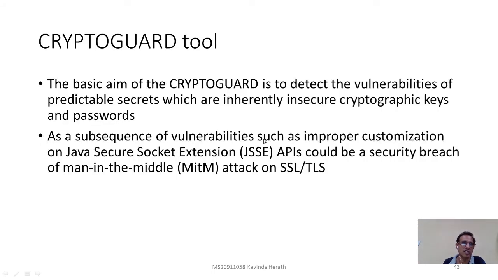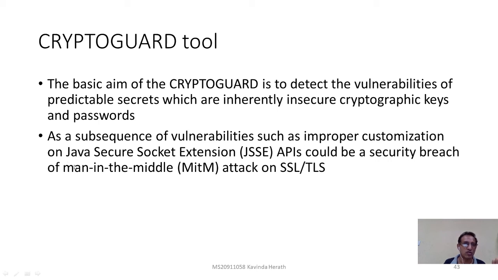The CryptoGuard tool, I will brief about it. What is CryptoGuard? Its basic aim is to detect vulnerabilities such as predictable secrets and inherently insecure cryptographic keys and passwords. If insecure cryptographic keys and passwords are present, CryptoGuard is the tool to identify them.